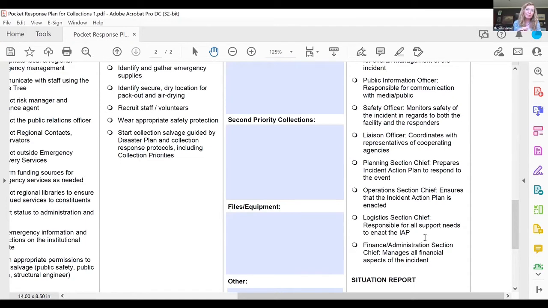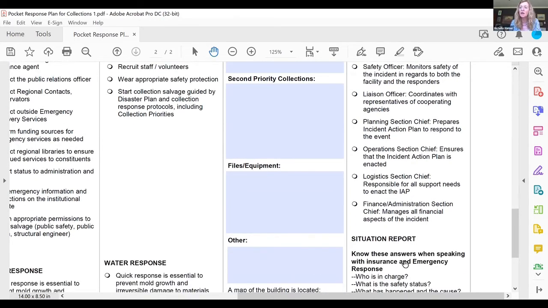So for you, there might be 2 people who do all of this, but it's important to know which are those 2 people. Is it the director? Is it the chief operating officer? Who is it in your institution? Who would do all of these things? And who does all the finance stuff? Who would make those decisions?